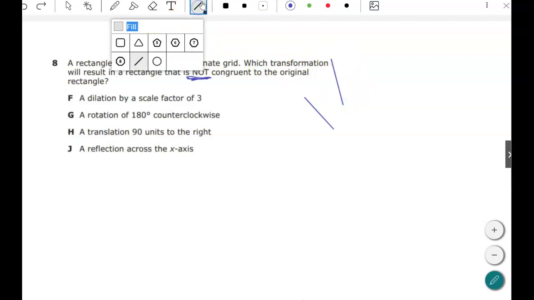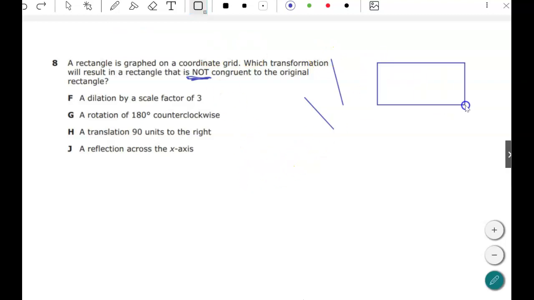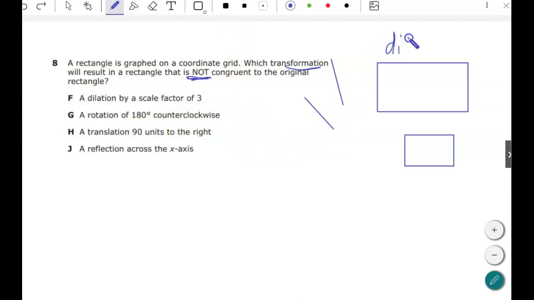What they're saying is they're not congruent once it's transformed, so the new one could be smaller or bigger. There's only one type of transformation where it changes size, and that's a dilation. Remember that, dilation. So here it says dilation. That has to be it because it's rotation, translation, reflection. Don't overthink these.